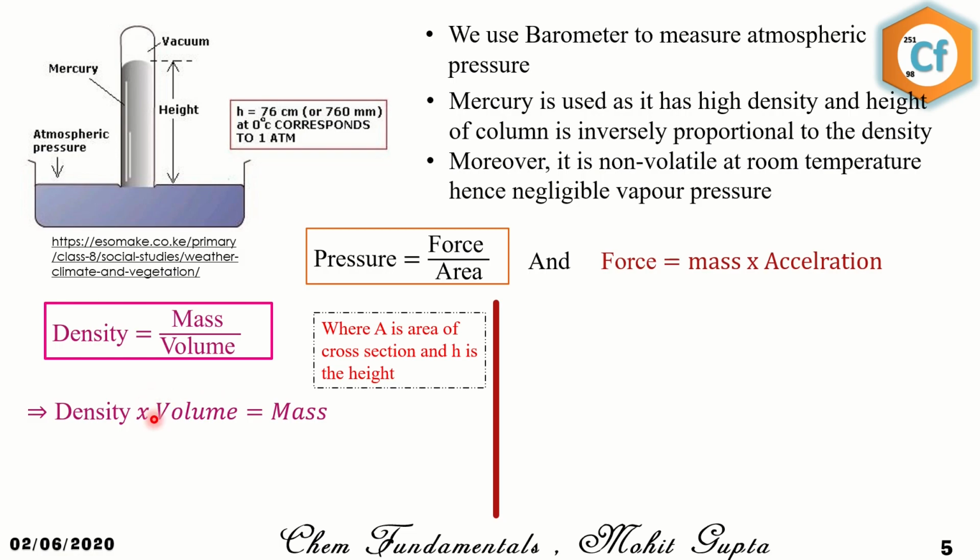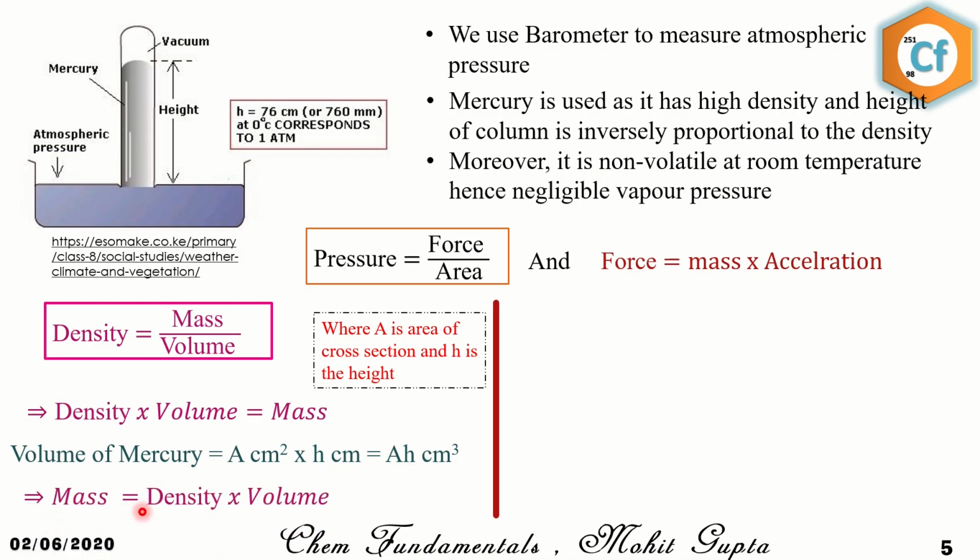Now, mass would be equal to density into the volume. In order to find the volume, we have to take the area of cross section of this column as well as the height. So I have taken A as the area of cross section and H to be the height. So the volume of mercury would be area into height, that would be equal to A centimeter squared into H centimeter, which comes out to be AH centimeter cube.